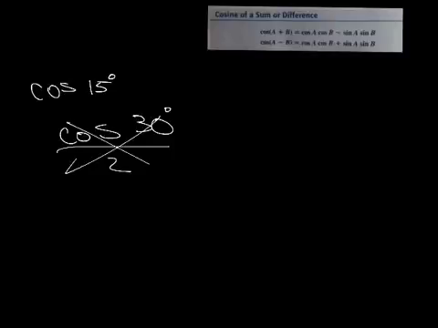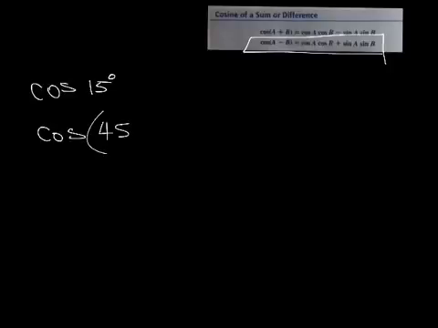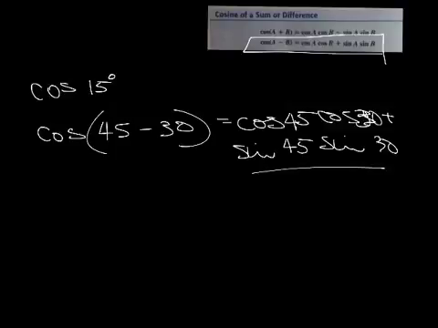But we do know that the cosine of 15 degrees is, according to this right here, it says the cosine of one angle minus another angle is the cosine of 45 cosine of B plus the sine of 45 sine of, whoops, that should be a 30, shouldn't it? Okay, so this is a true statement.